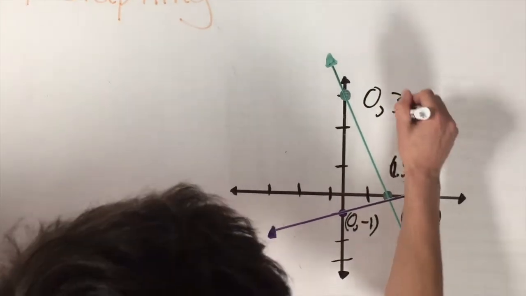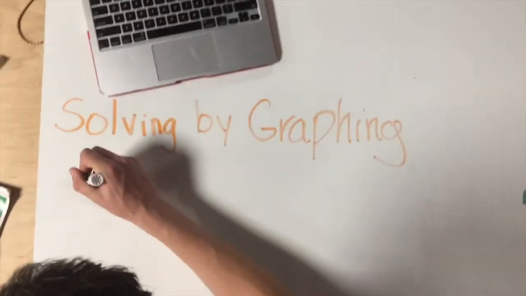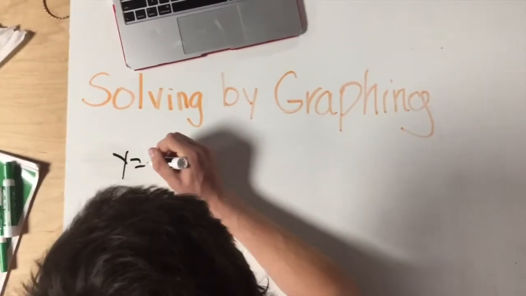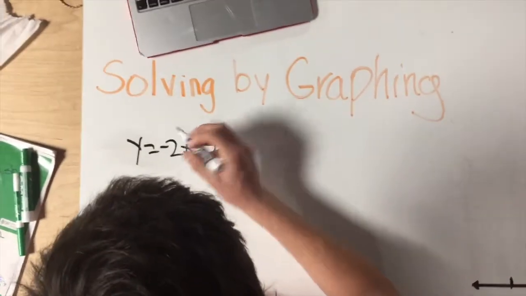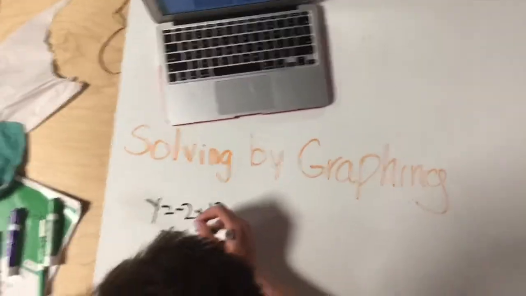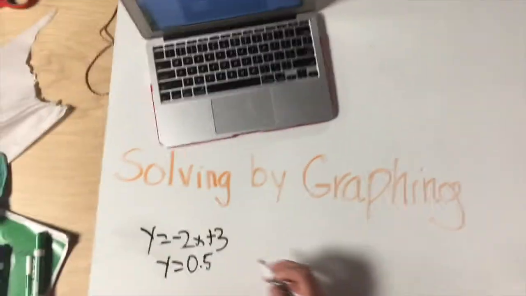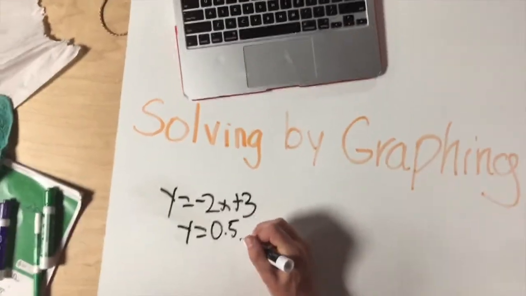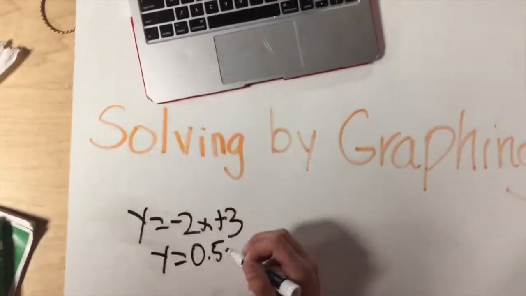Now that you have all the 4 points marked off, you can write them over here, or you could just go right into the y equals mx plus b equation. So it would be y equals negative 2x plus 3, because 3 is the y-intercept, which equals b, and negative 2 is the slope.